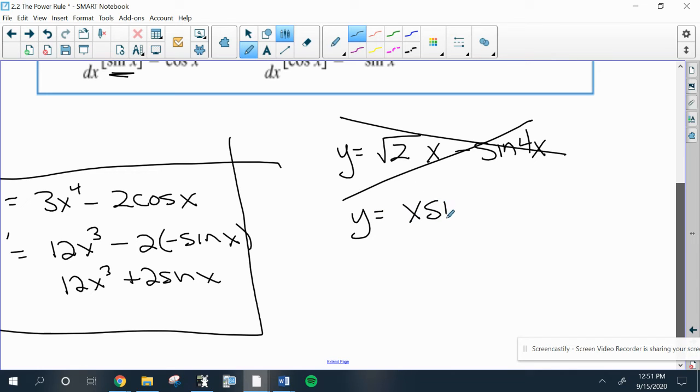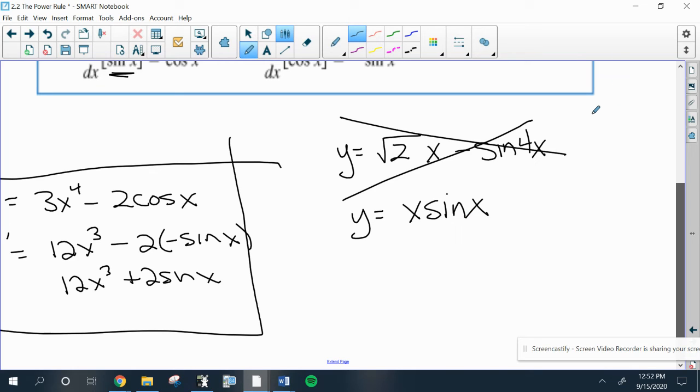If I ask you to take the derivative of this, you can't do it. We can easily take the derivative of x. We can easily take the derivative of sine of x, but we don't have any rules or theorems that allow us to take the derivative of a product, x times sine of x.